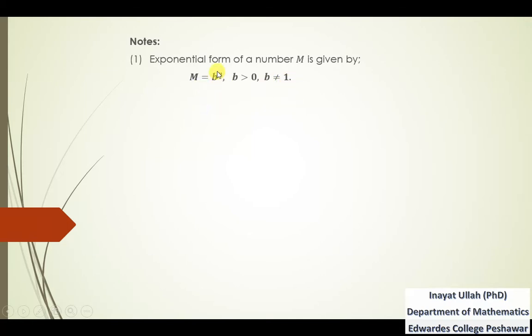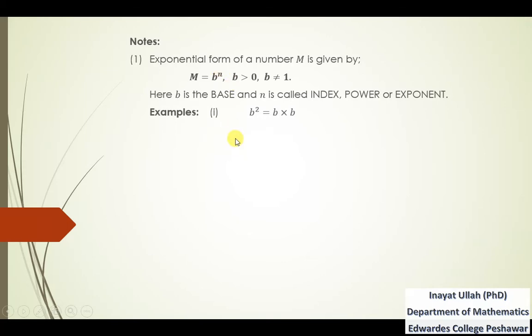Anyways, b power n is the exponential form of a number m. In this equation, b is the base and n is called the index, power or exponent of b.